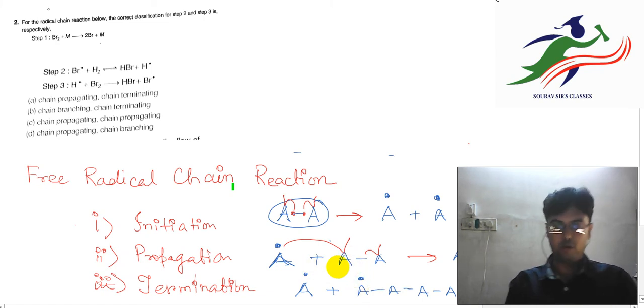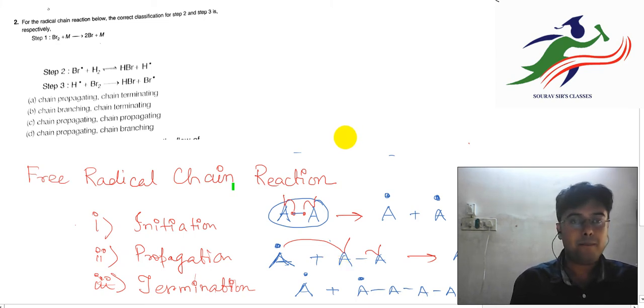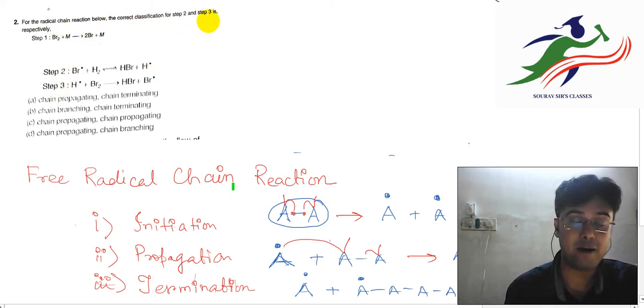Okay, I hope it is somewhat clear now. Now the question over here asks which of the following steps, step 1, 2, 3, or rather the question is asking what is the nature of step 2 and step 3.